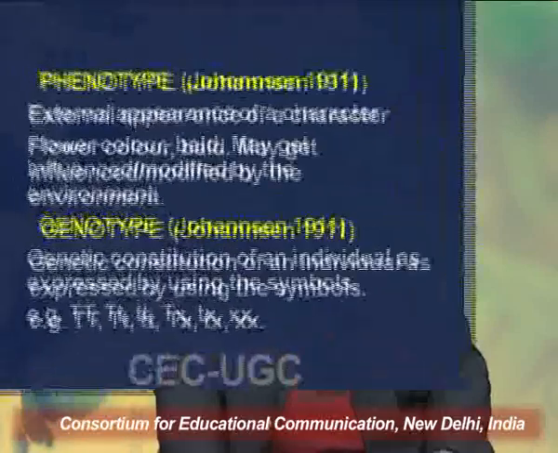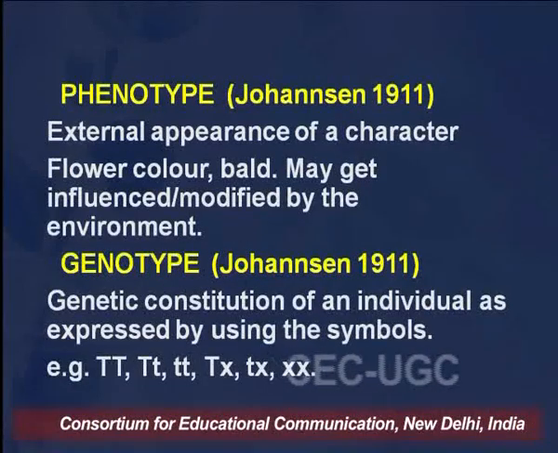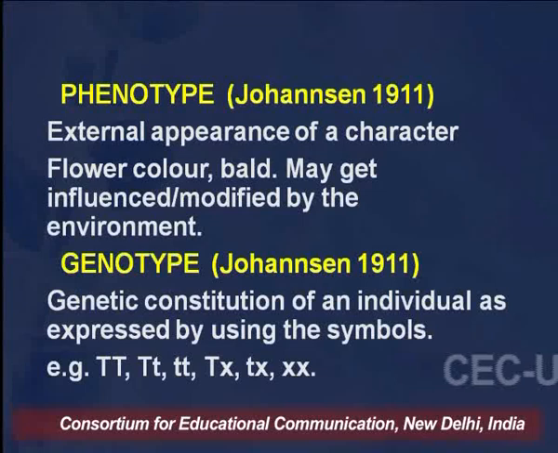Now, what do we mean by the terms genotype and phenotype? These terms incidentally were also coined by Johannsen in the year 1911. Johannsen was a scientist who was also a very ardent supporter of Mendel.